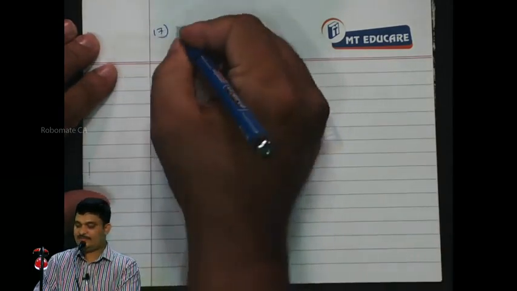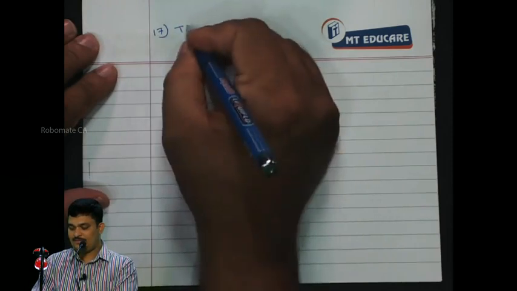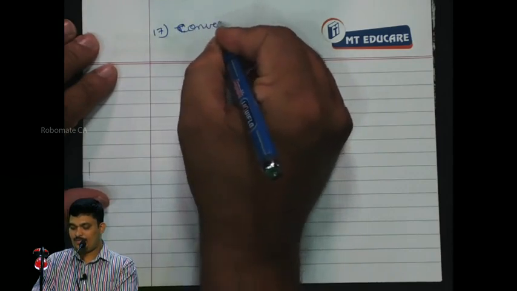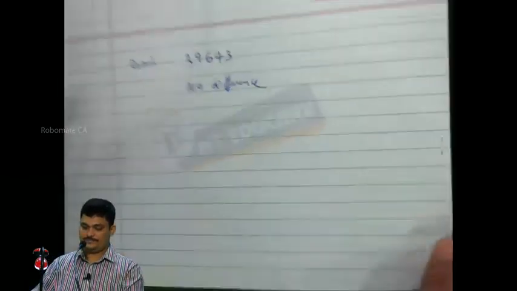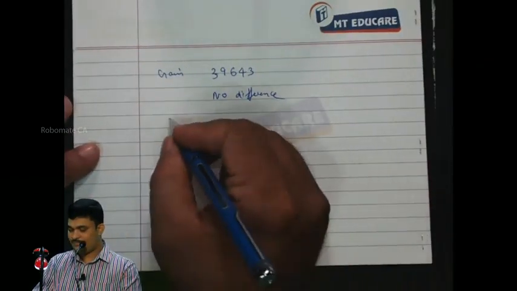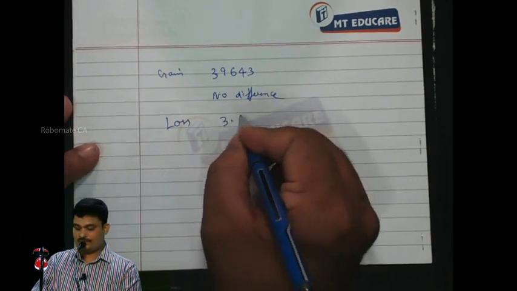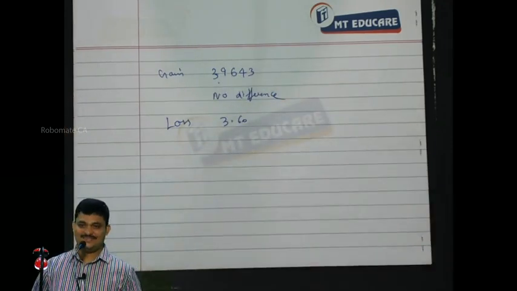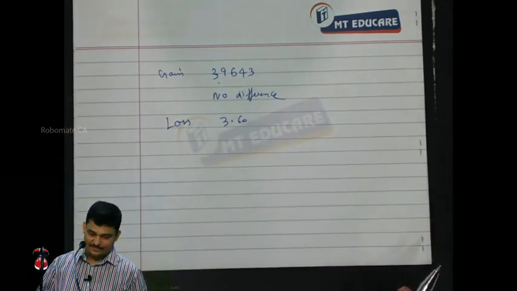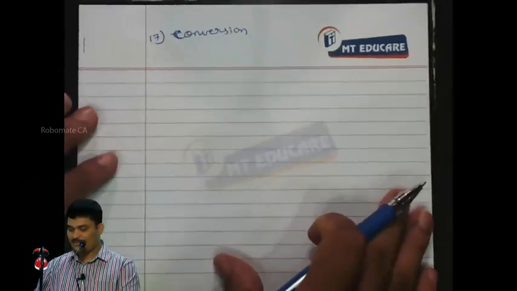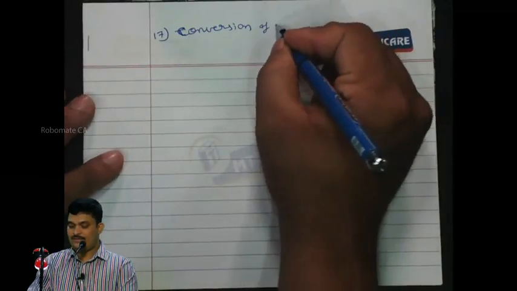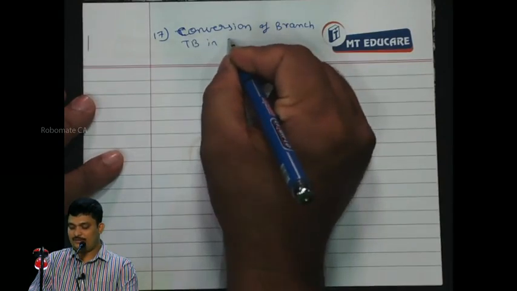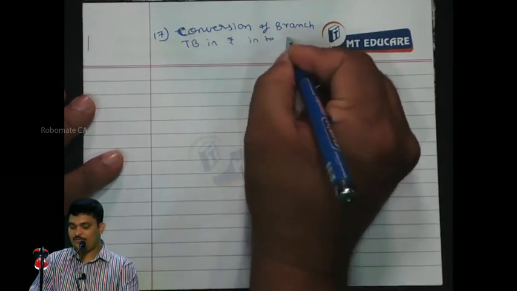Question number 17. Conversion of this is loss or gain? Tally. Branch trial balance in rupees into dollars.